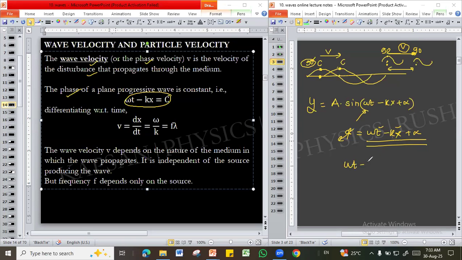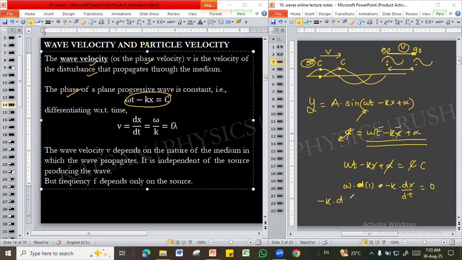So omega t minus or plus kx plus alpha is equal to constant. Alpha is constant, and constant and constant will become constant. Take the derivative with respect to time. Omega times the derivative of t with respect to t is 1. Then minus k times the derivative of x with respect to time, dx by dt, is equal to 0.